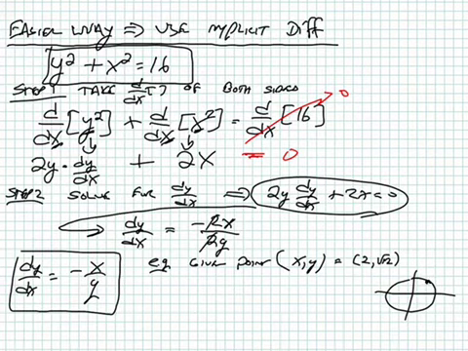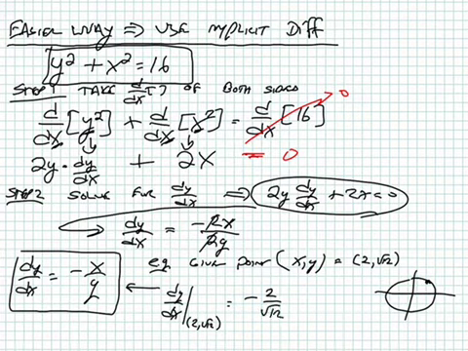So if I want to find the derivative, I use this equation, and dy dx at the point (2, square root of 12) is I just put in 2 for x and square root of 12 for y, and I get minus 2 over the square root of 12. And that's the slope of the tangent line.